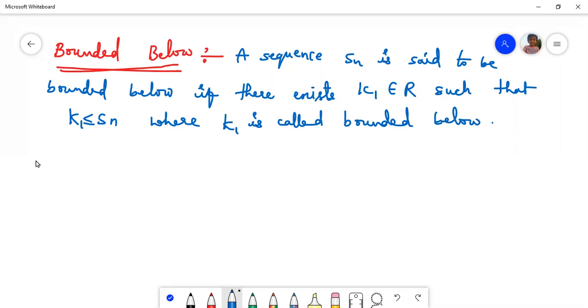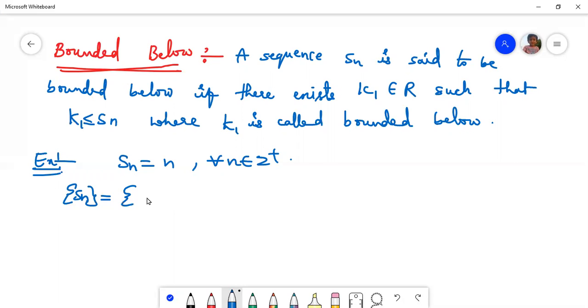For example, we are taking Sn is equal to n for all n belongs to Z plus. Here Sn equal to the set of all terms 1, 2, 3, and so on.